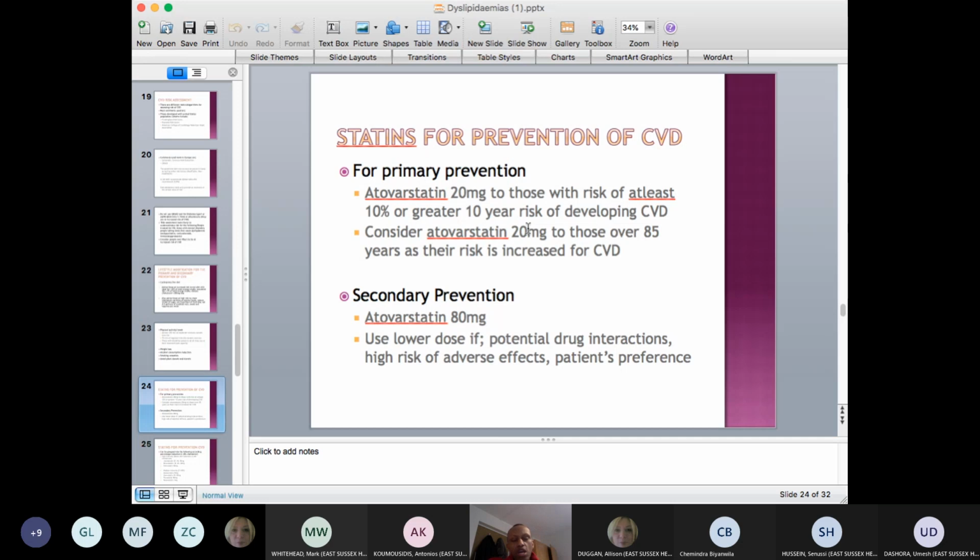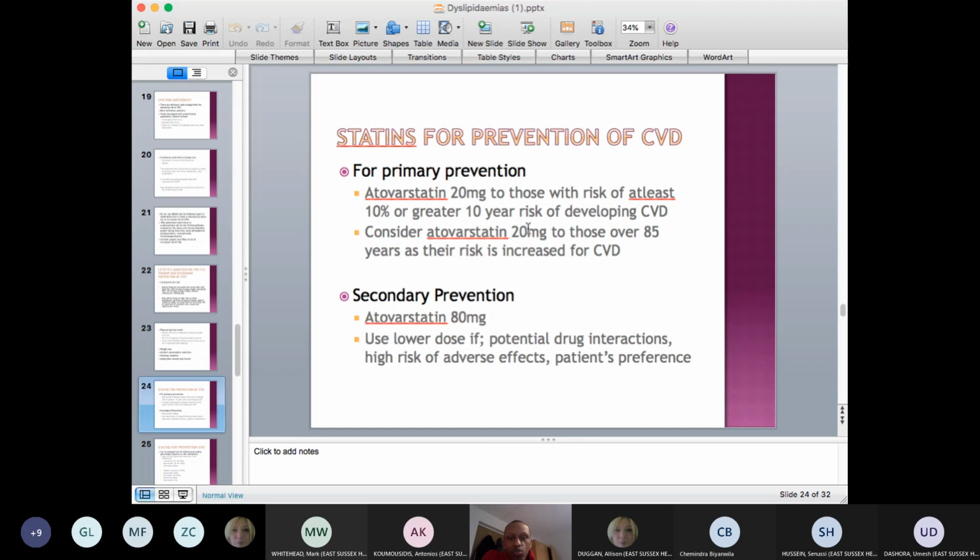So coming to treatment, that was the lifestyle advice. How about treatment using medication? For primary prevention, give atorvastatin 20 milligrams to those with a 10% or greater 10-year risk of developing cardiovascular disease.